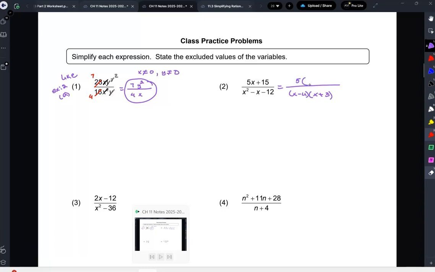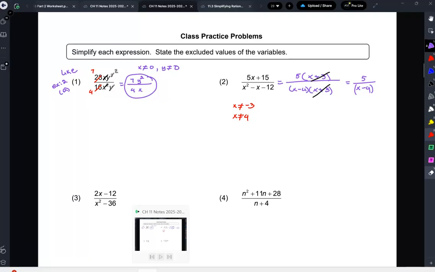I got 5, and then in parentheses, x plus 3, correct. Okay, so what are the excluded values? The excluded values would be negative 3 and 4. Okay. And then we reduce and we get 5 over x minus 4. And here you can leave it like this or you can put parentheses. It's the same.